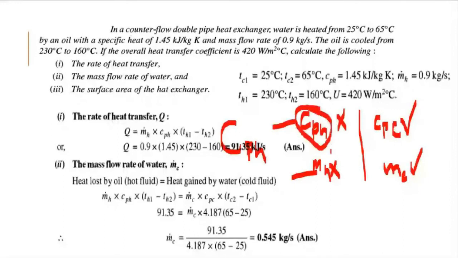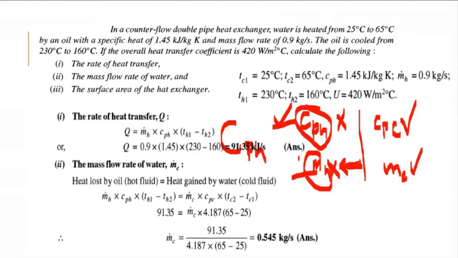They might ask you to find out the mass flow rate of the hot fluid. Suppose CPH is not given, MH is also not given, and they want you to find out the mass flow rate of the hot fluid. In that case, you can refer to the data handbook and find the CPH value.